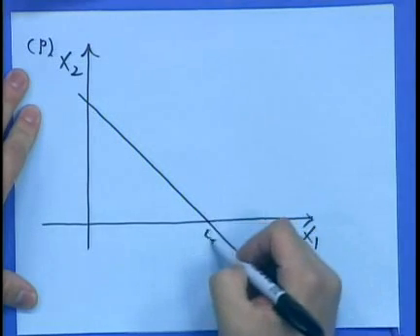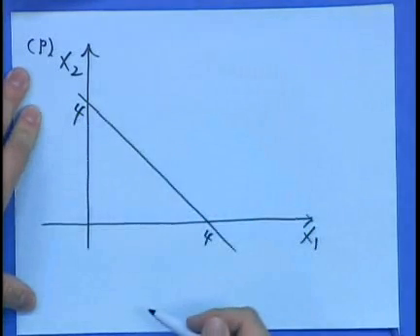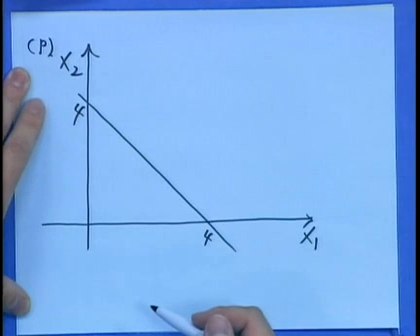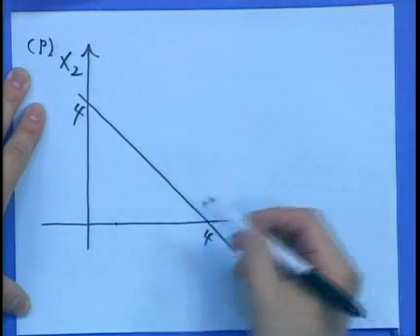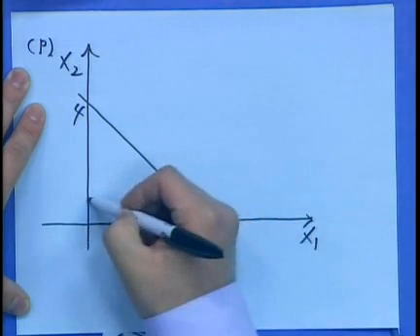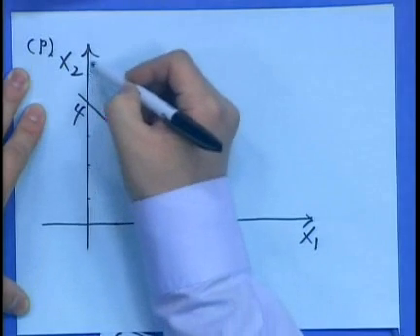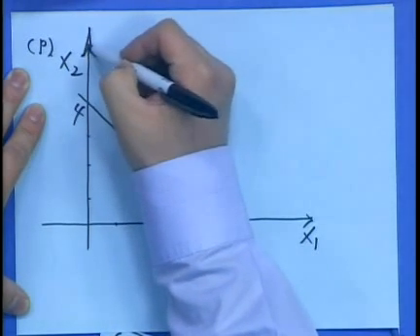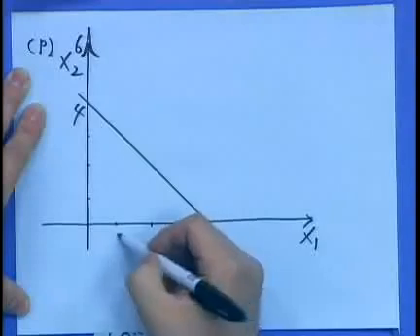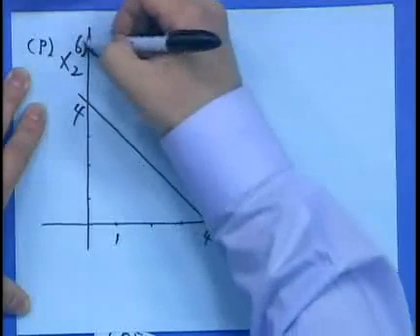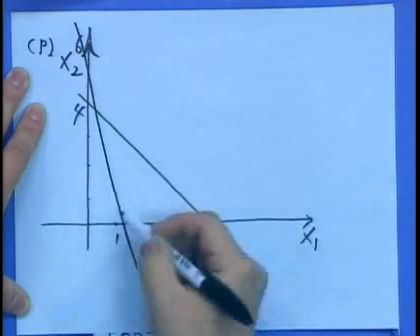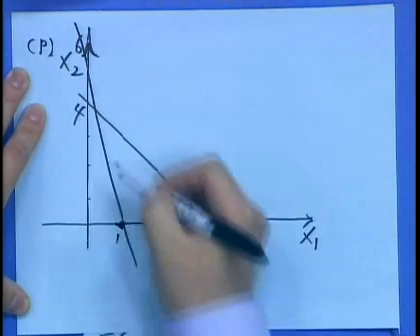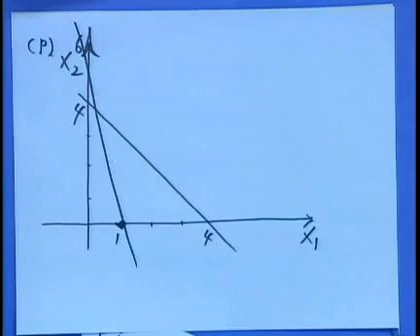And let's say this is 4, 4, and this is 1, 6, right? Maybe somewhere up here we have 6. Down here we have 1. Okay, something like that, right?